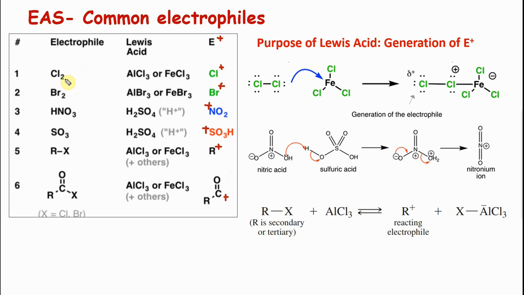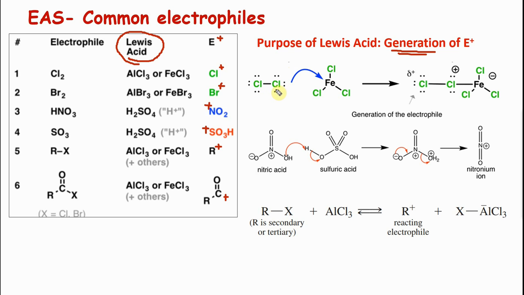If Cl2 is the source, it doesn't give Cl+ immediately. Somebody has to help in achieving it. That's the role of the Lewis acid. You want to remember that the purpose of a Lewis acid is to generate the E+. It's a catalyst. It generates E+, then it will actually get regenerated. So look at Cl here.